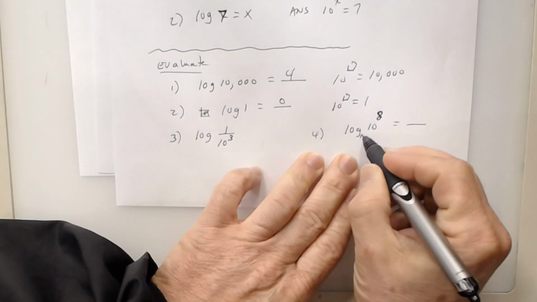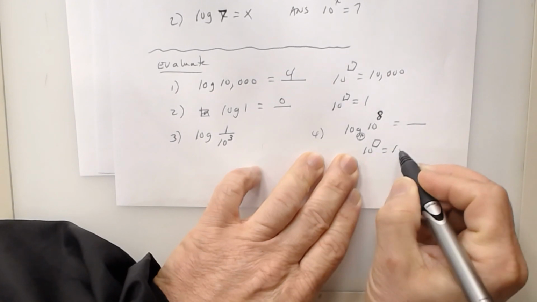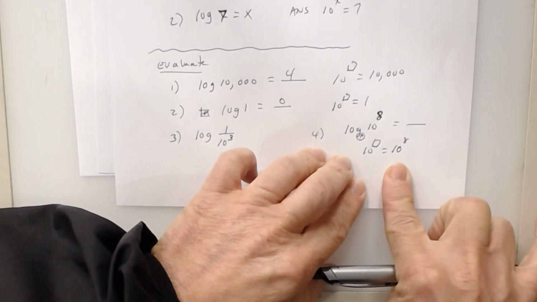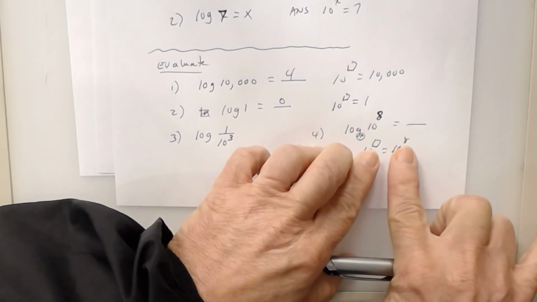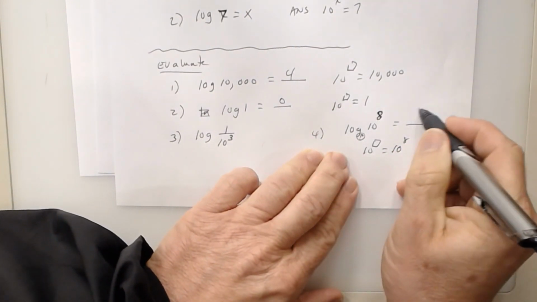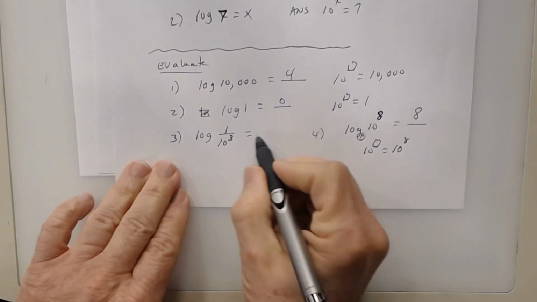So you said 10 to the box equals the argument. What's the argument? 10 to the 8th. Well, on the last test, you knew that if the bases are the same, then what else has to be true? Exponent. So what's the box? 8.